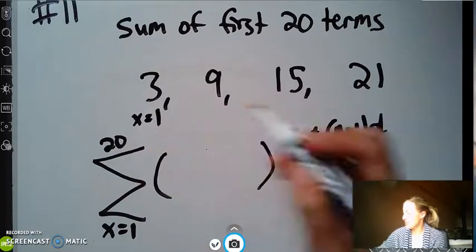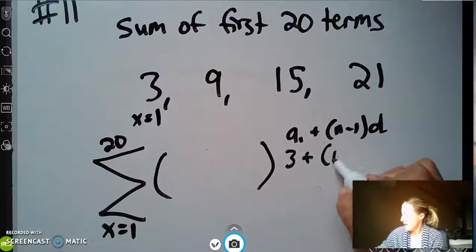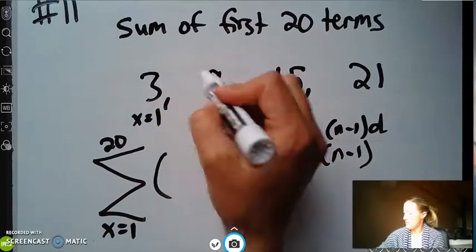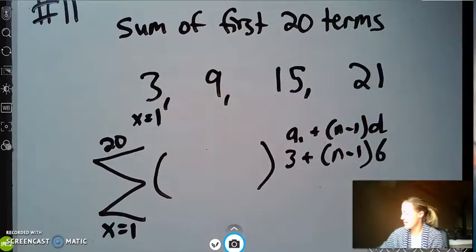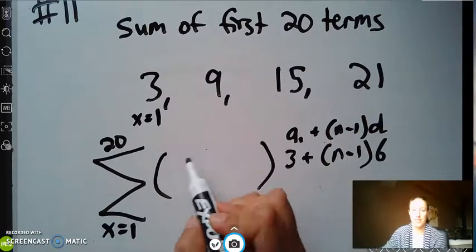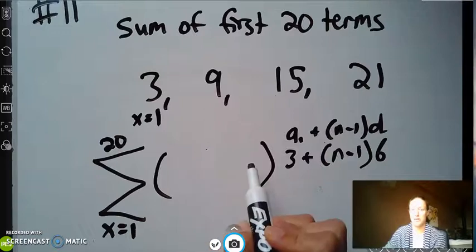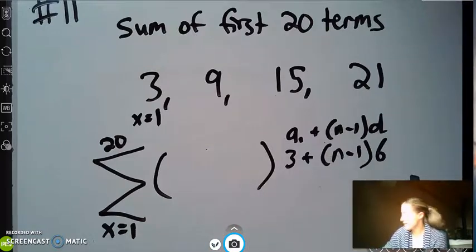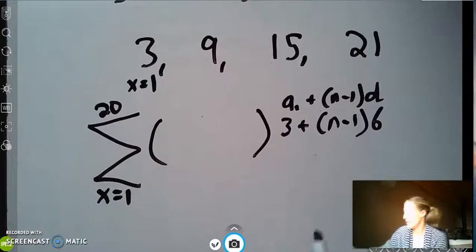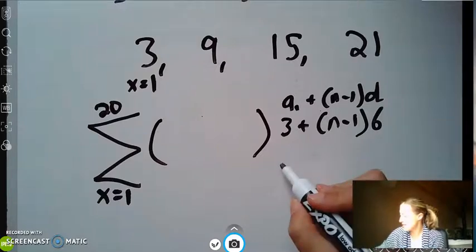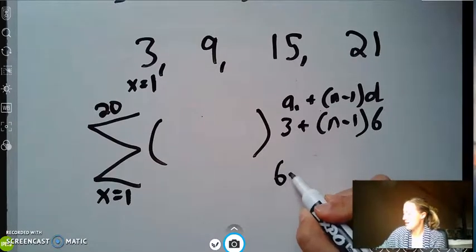So our first term is 3, and our common difference is adding 6 every time. That works really well. We could stick that in here in big parentheses and simplify it out. Or we could think of it in y equals mx plus b terms. It's going up by 6 every time, and so that's our m.